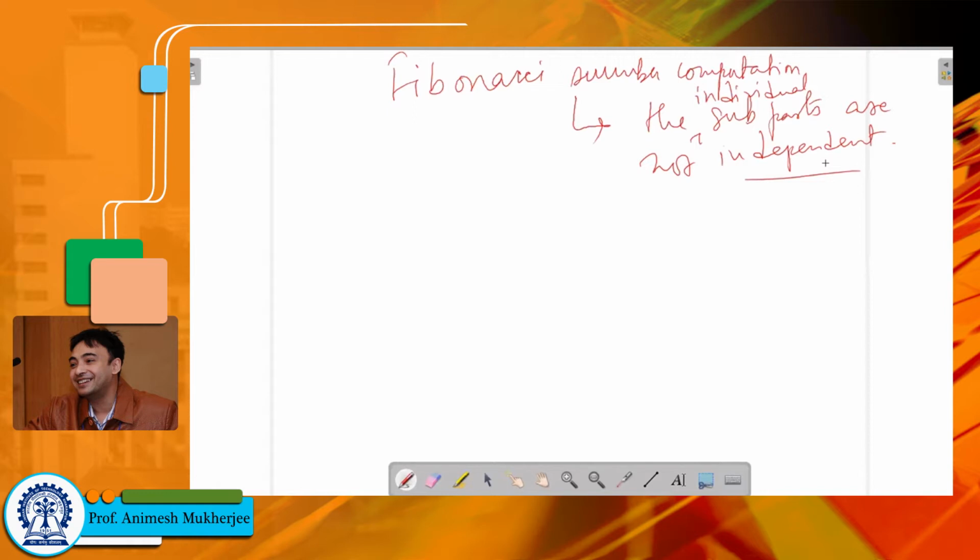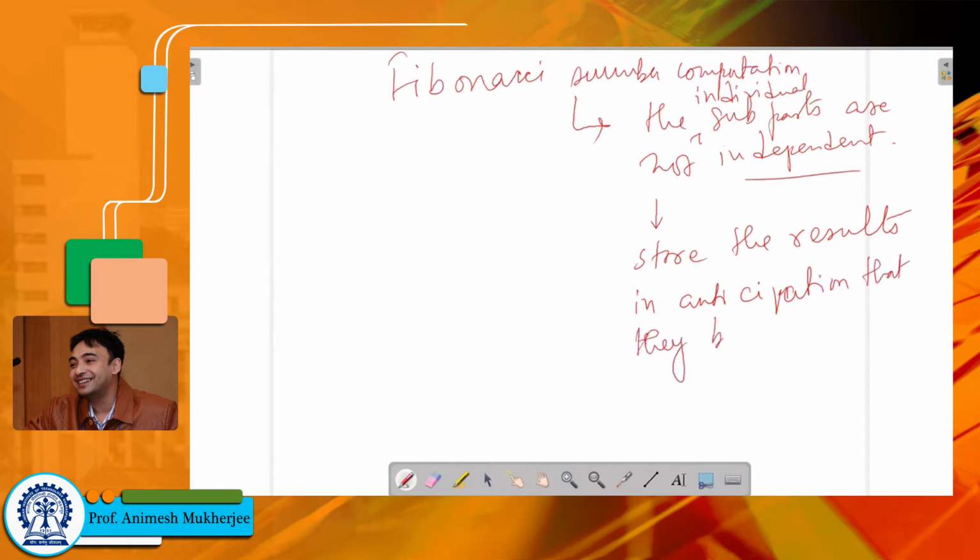construct the larger parts. Fine. So the crux here is to store the results in anticipation that they might be reused.